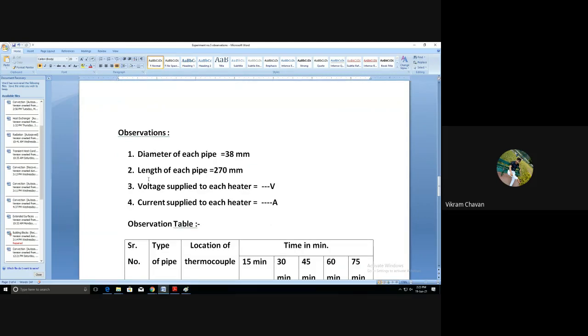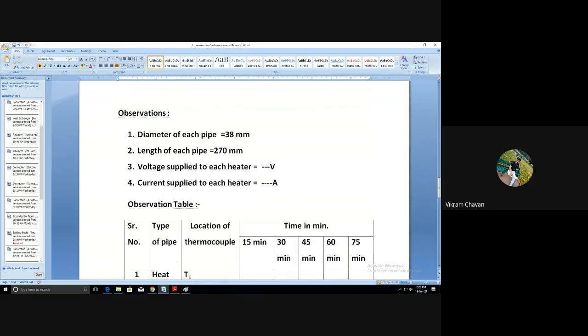So the initial observations to carry out the performance of a heat pipe are: diameter of each pipe is equal to 38 mm, and length of each pipe is equal to 270 mm. Then we have to measure the voltage supplied to each heater. To each heater we are going to supply the same amount of voltage, or power, so the voltage and current for each heater will be the same.